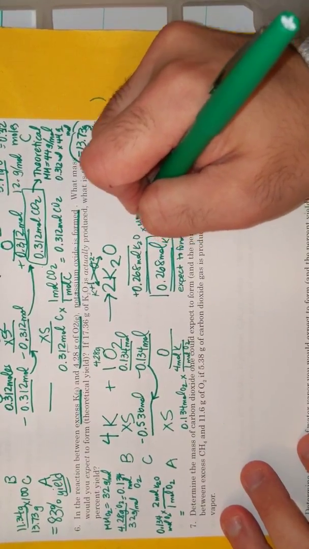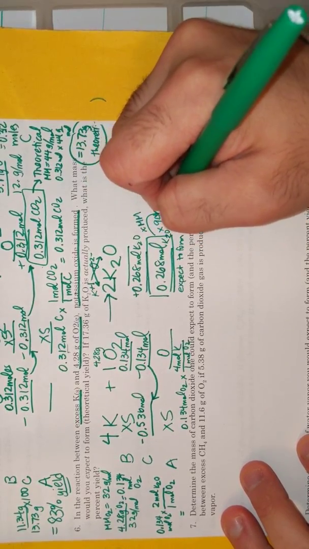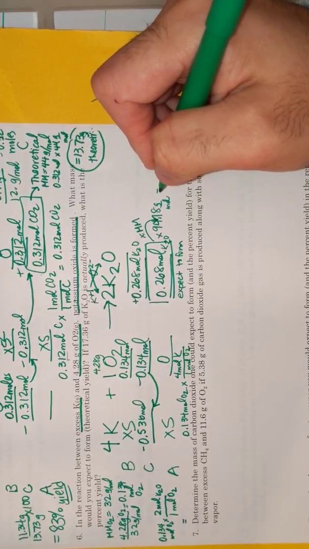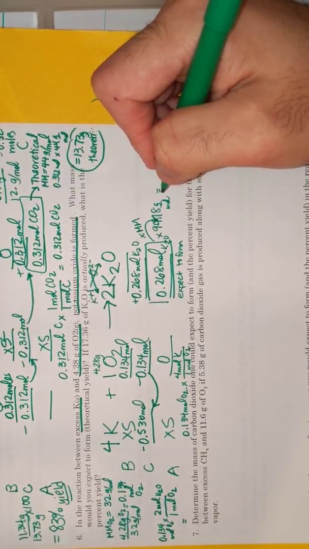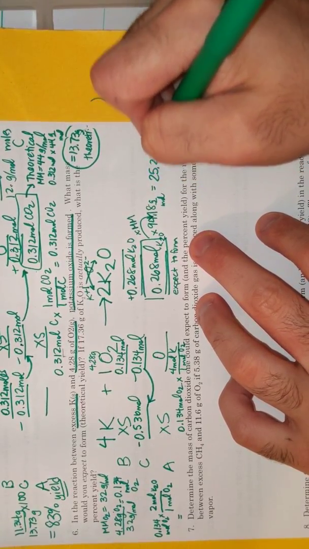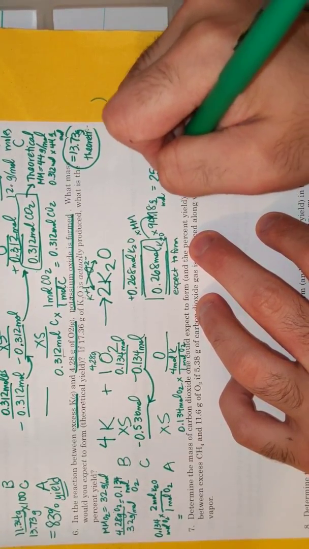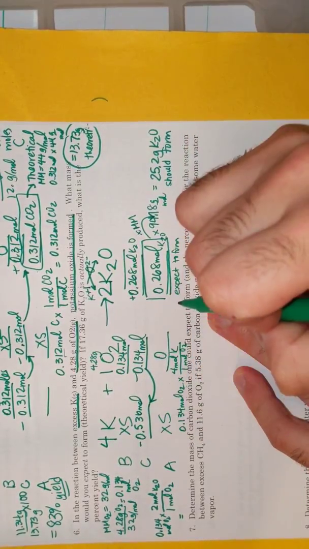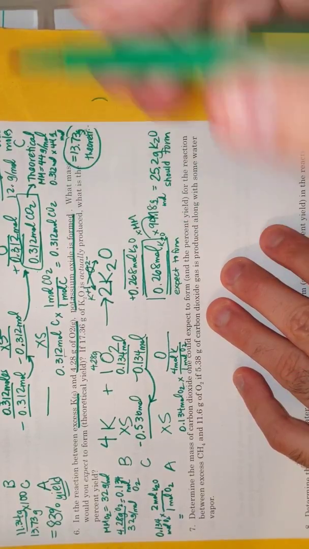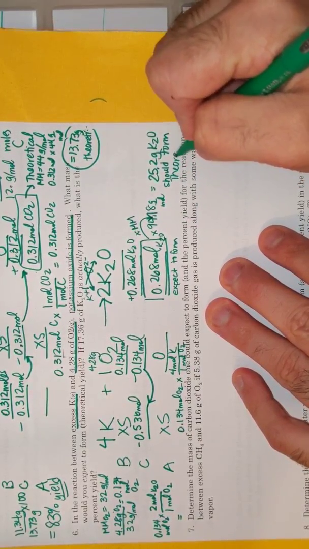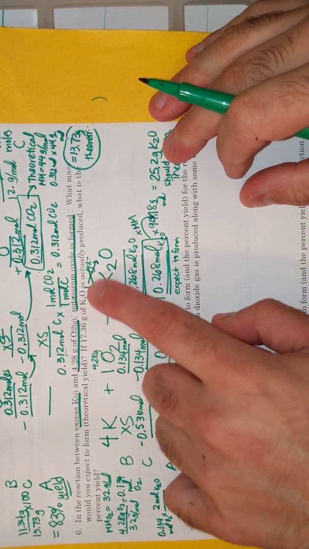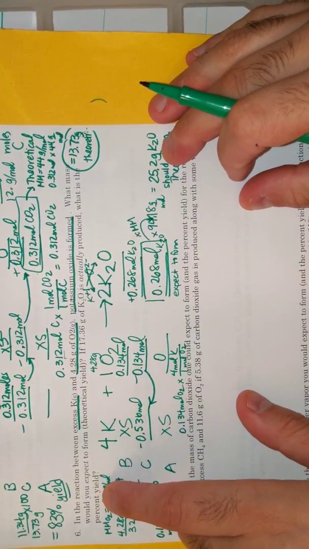So if I multiply by the molar mass, 94.18 grams per mole, I'll get my theoretical yield. So 0.268 times 94.18, and I get 25.2 grams of K2O should form. That's directly from the mole to mole ratio of oxygen to K2O. This is my theoretical. Then it says, if 17.36 grams is actually produced, what is the percent yield?